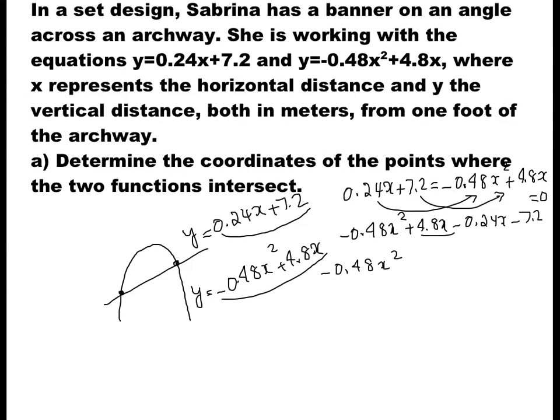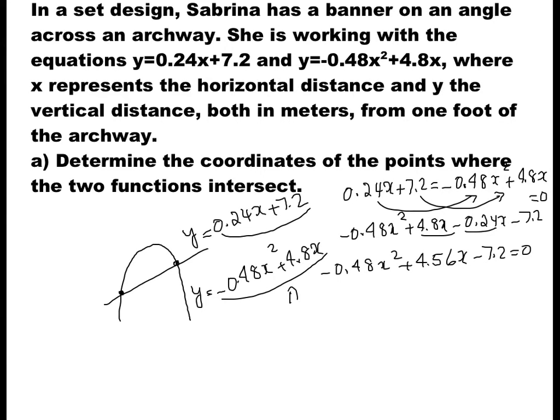Now if you simplify 4.8 minus 0.24, we are going to get 4.56x minus 7.2 is equal to 0. Now this is a quadratic equation. I'm going to use the quadratic formula.